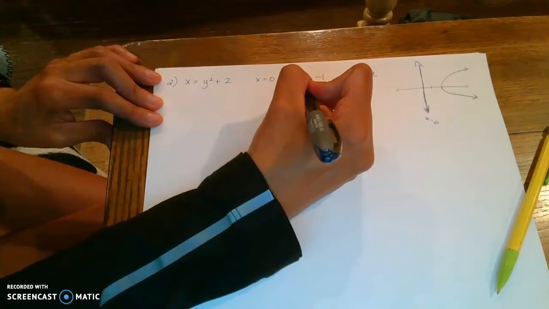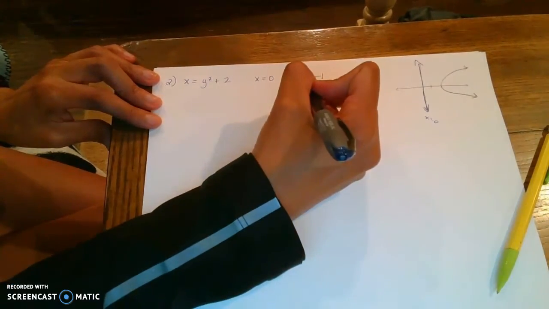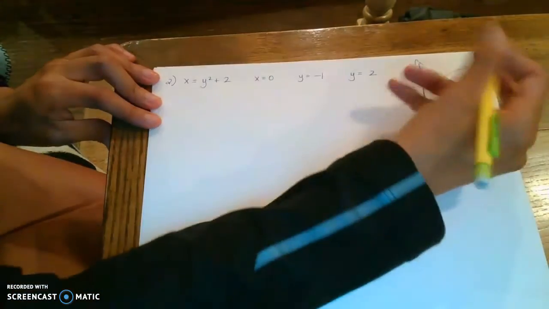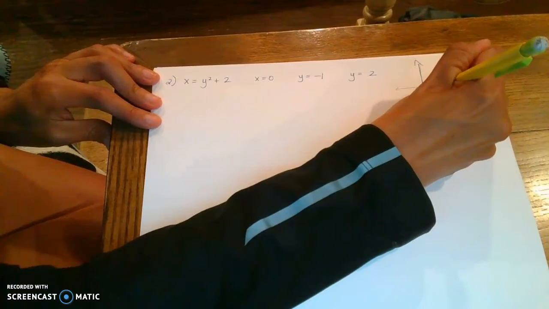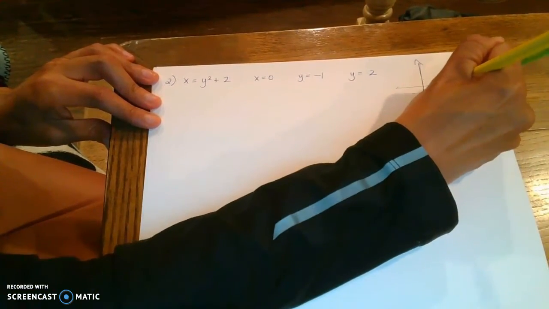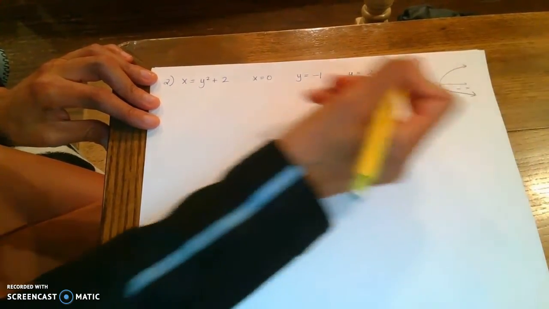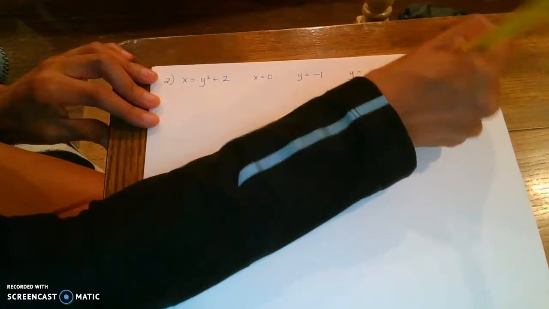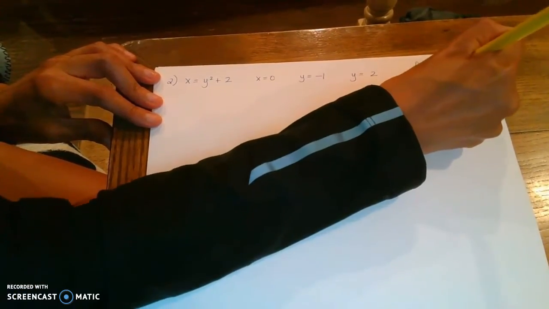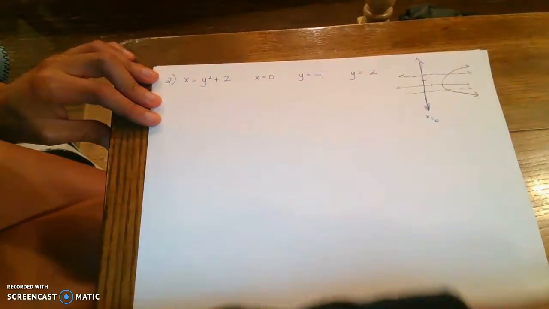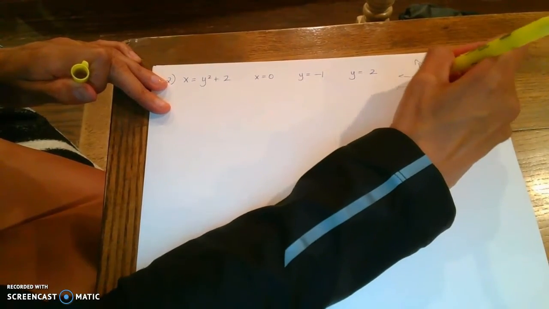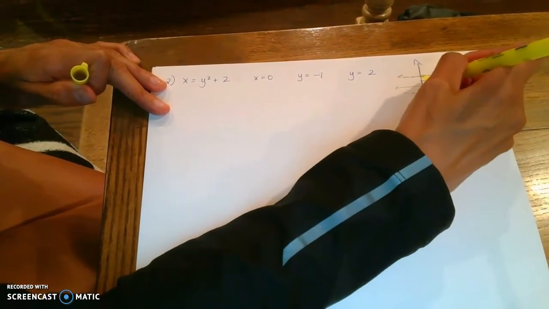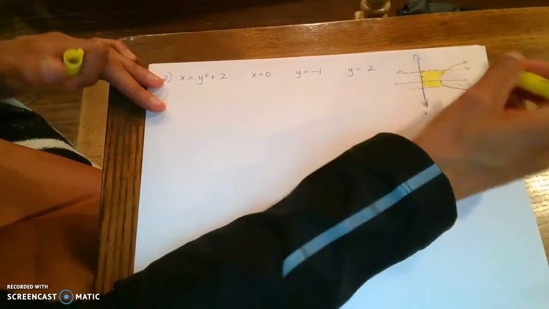And then they tell me to find the area between the curves y equals negative 1, y equals negative 1 is right here. And here y equals 2 is right here. So the section that I'm trying to find, the area created between those bounds, is this highlighted section.